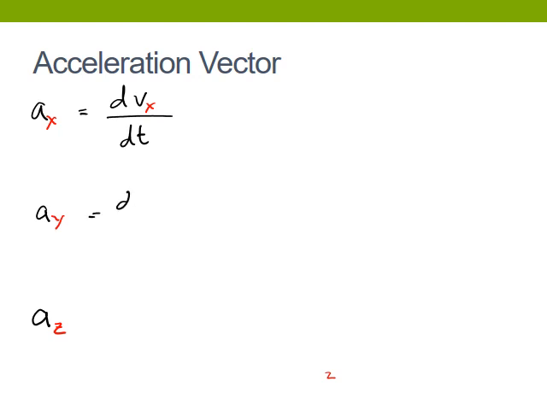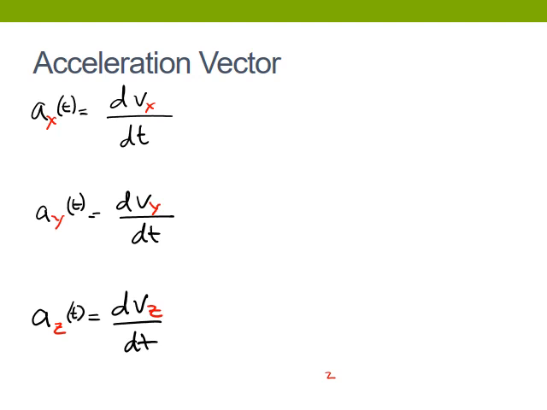And this will just be the derivative of my velocity with respect to time in the y direction, and the derivative of my velocity with respect to time in the z direction. Of course, these different components could be functions of time themselves, could be dependent on time or not, so we'll include that in our equation.